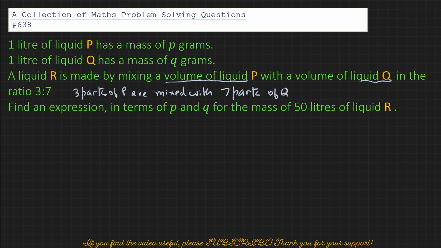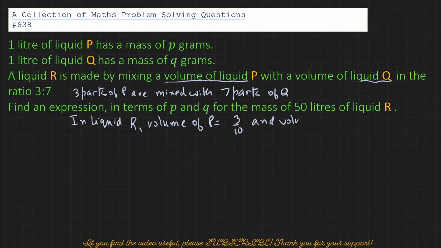So therefore, in liquid R, the volume of P would be 3 out of 10. Okay, 3 out of 10 liters, and it's a fraction, 3 parts out of 10 parts.